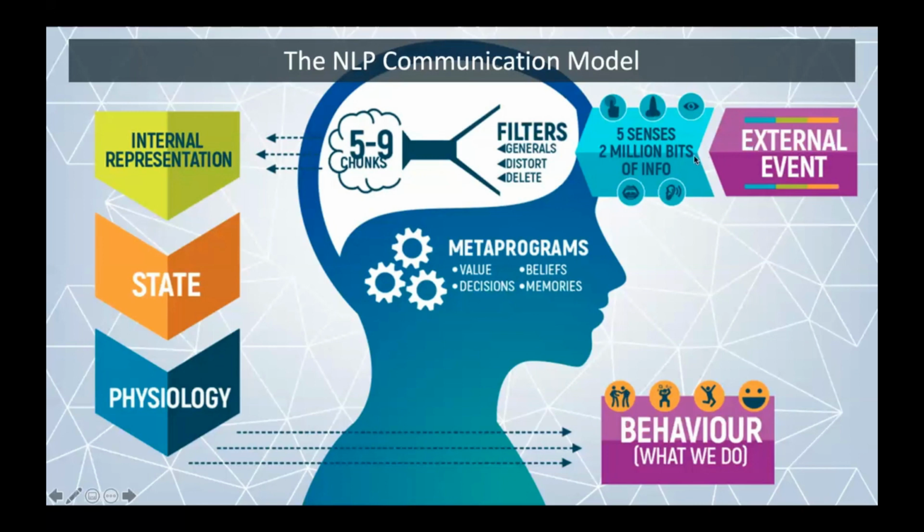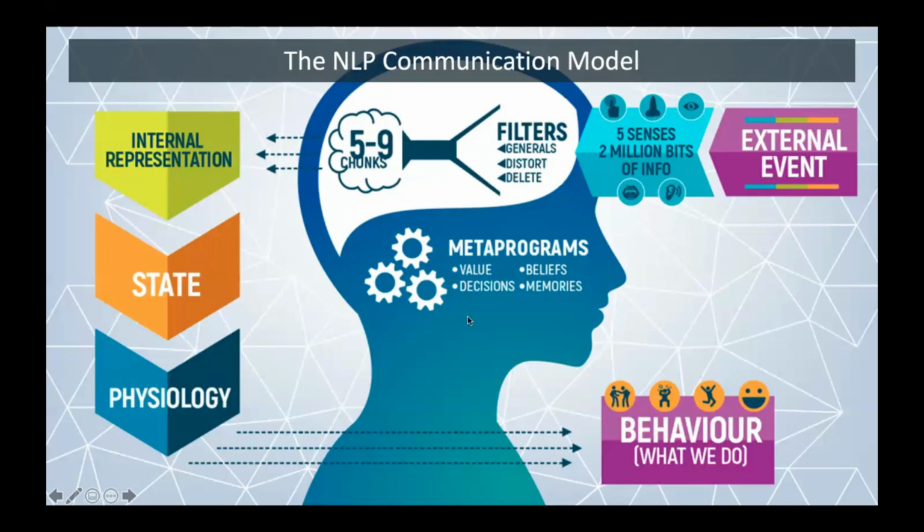So the world comes in at 2 million bits a second. We can only process about 256 bits per second. Neuroscience has come up with these numbers, not me. After we've filtered the pure world, we're down to 256 bits of information. It creates our internal representation. So here's the world, pure reality, but we're not seeing that.